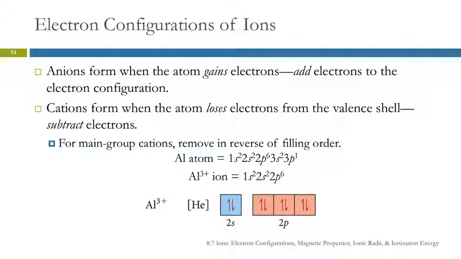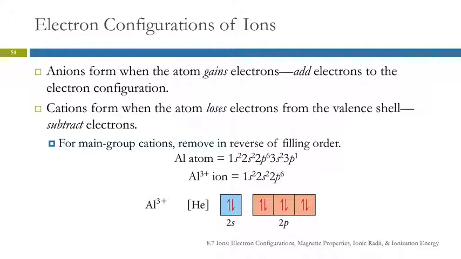Well, adding them is pretty straightforward. Taking them away gets a little more complicated. For the main group cations, you're going to remove them in reverse of the filling order. So here's aluminum, 1s2, 2s2, 2p6, 3s2, 3p1.